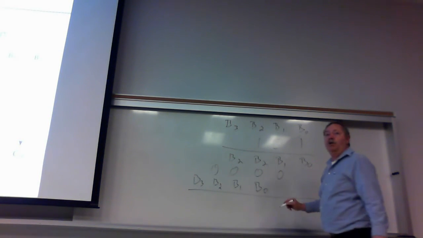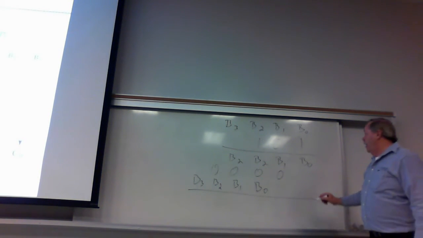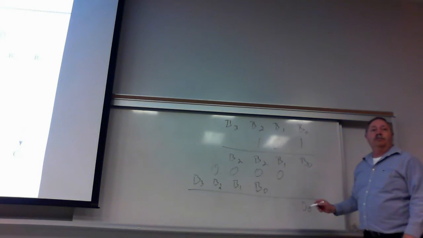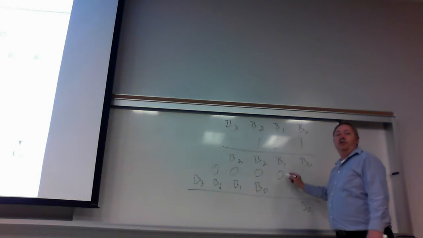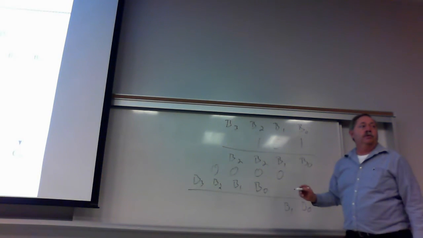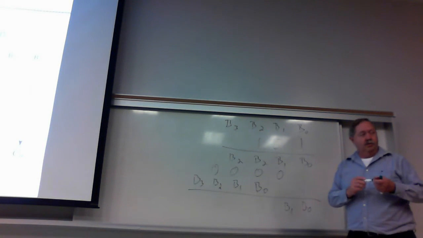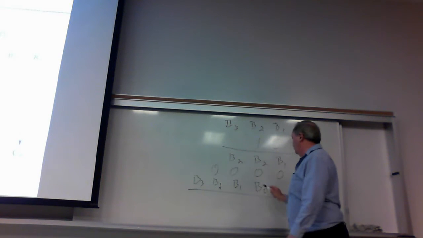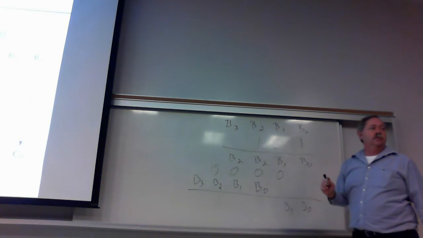And then I'm going to add all of these up. Well, look what happens. B0 falls straight through. B1 falls straight through. Yes? That's supposed to be B3, B2, B1, B0. Supposed to be 0, 1, 2, 3, 0, 1, 2, 3.